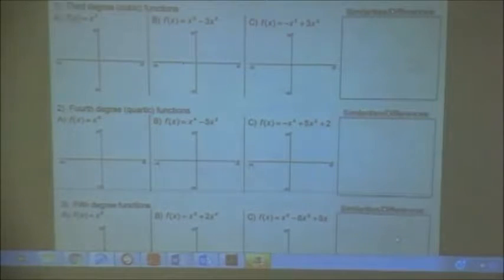Before I even say it, how many bins should x cubed have? Should have 2 bins, right?